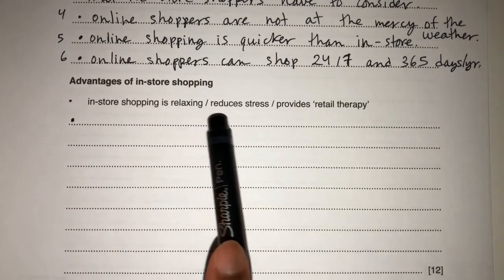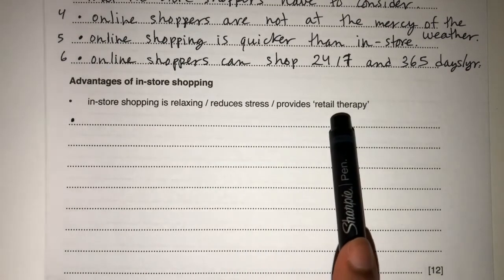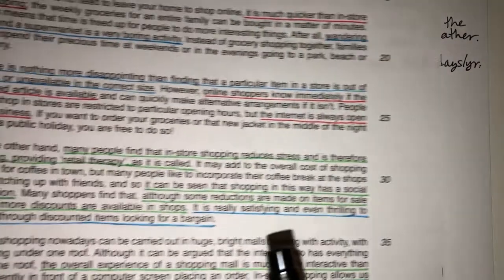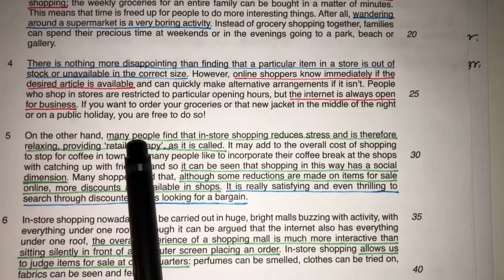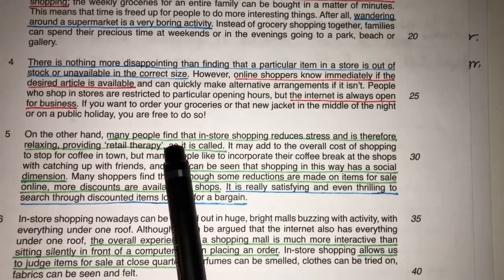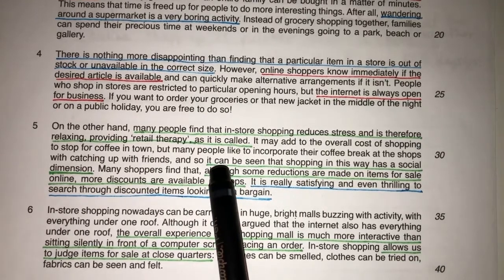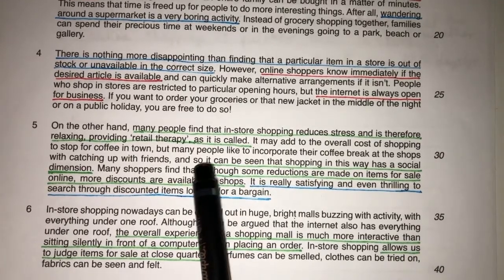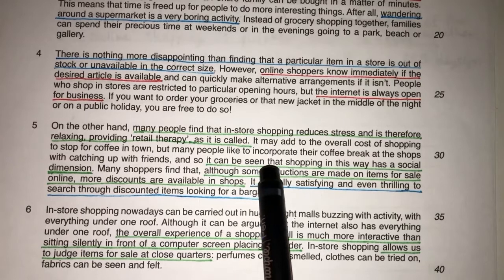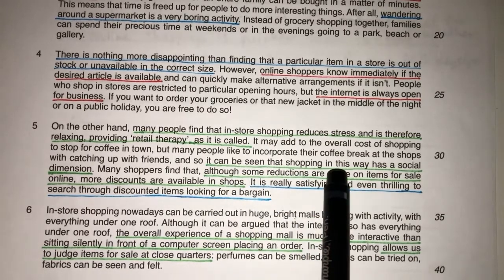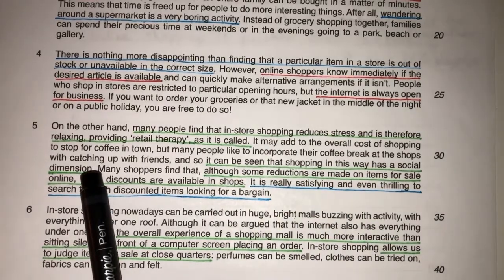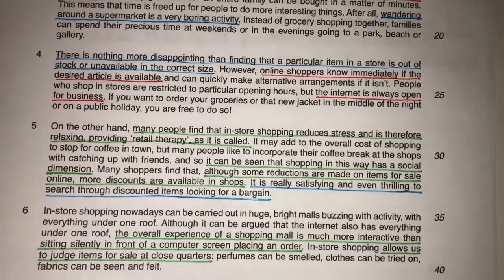In-store shopping is relaxing, reduces stress, provides retail therapy. Okay, it was given to us here. We cannot use it again, so we move on to our next green underlining. It can be seen that shopping in this way has a social dimension.